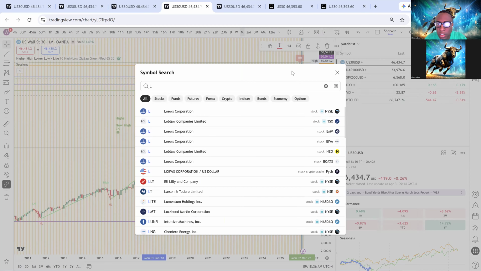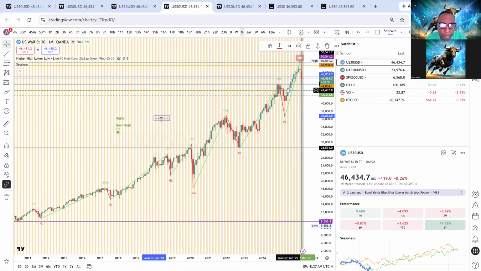So on your lows, you're going to have a new low. Then you're going to have a higher low. And then you're going to have a lower low. Those are the only three types of lows, three types of highs that the market will make.